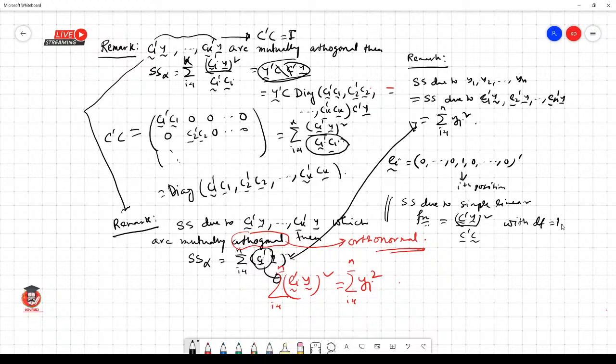So today I want to end the stream. Next day I will continue the sum of square due to linear functions and consider some problems, and then I will consider linear hypothesis.